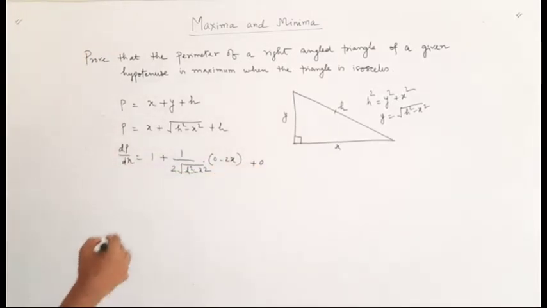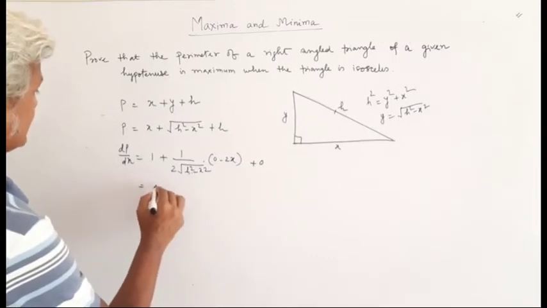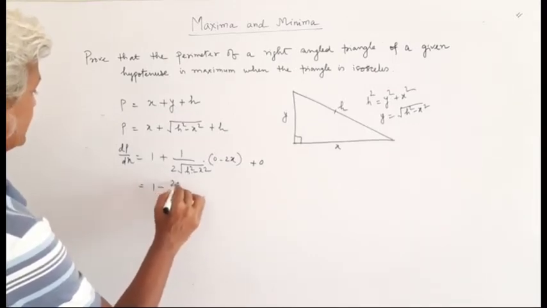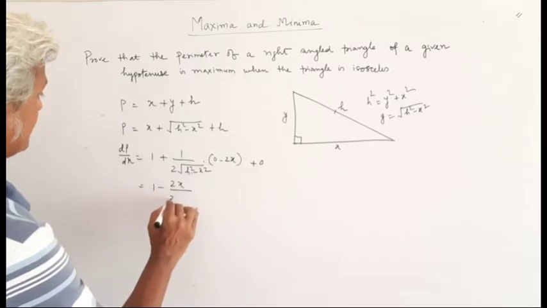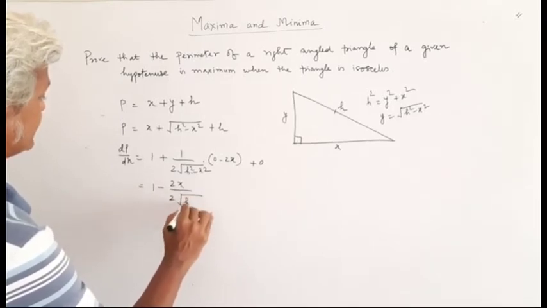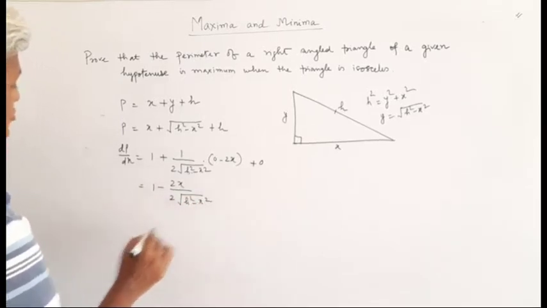So now what are you getting? You are getting a relation that is 1 minus 2x upon 2 under root h squared minus x squared.